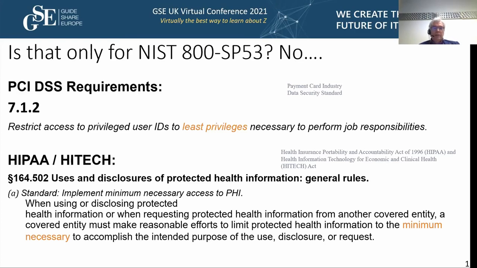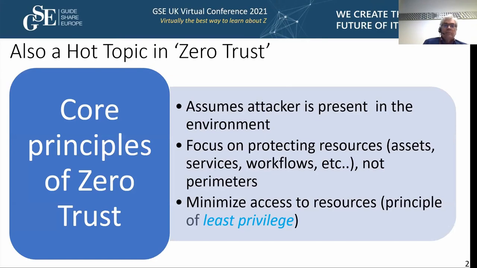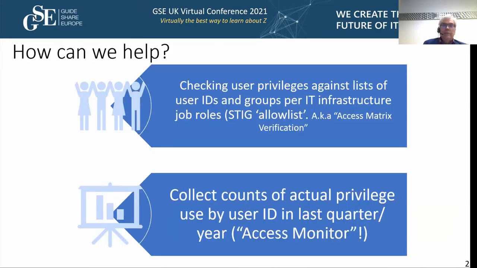It says that the entity, and that's the organization, must make reasonable efforts to limit protected health information to the minimum necessary to accomplish the intended purpose. And it's also a hot topic because of zero trust. So one of the core principles of zero trust is minimize access to resources, the principle of least privilege. And there's other terms like defense in depth that go in the same direction. So how can we help?